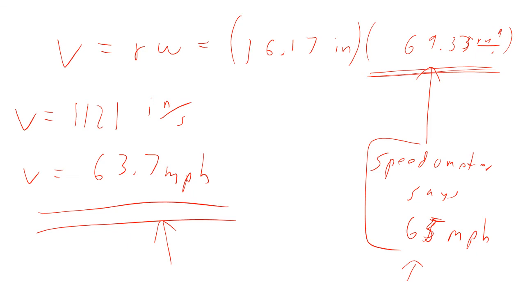And so you occasionally see people customize their vehicles and put special tires on there, sometimes undersized tires or oversized tires. When you do that, your speedometer should technically be recalibrated for the size tire you've put on.